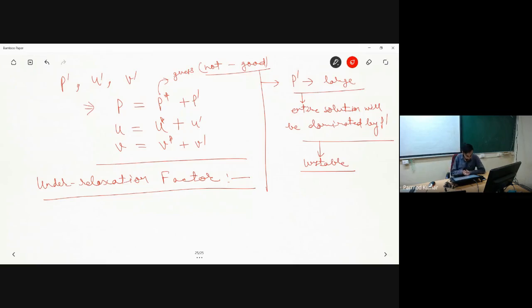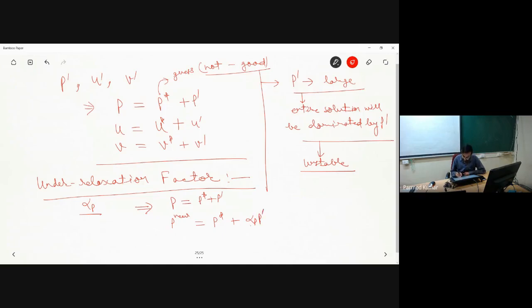So we introduce an under relaxation factor given by the symbol alpha p, and instead of using the corrected pressure as p star plus p dash, we define our new pressure as p star plus alpha p times p dash.